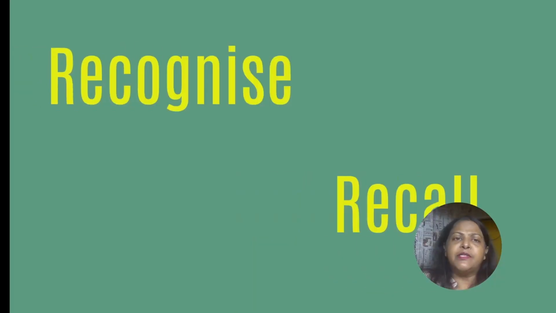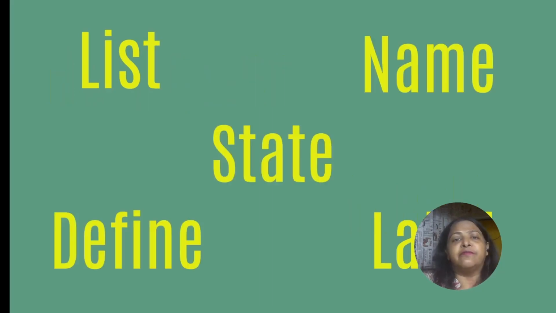To remember something, you have to be able to recognize it, which basically means you see a picture or you hear a tune and you can say what it is. Or you recall, that means you can recollect that information. So, whenever we are doing things like this to do with facts, we will be listing, naming, stating, defining, or even labeling.